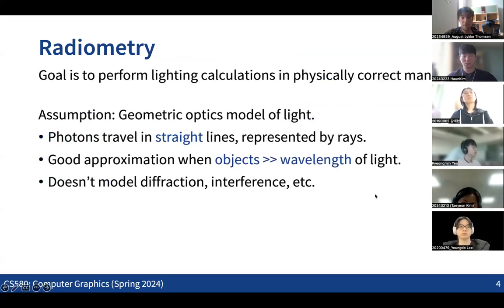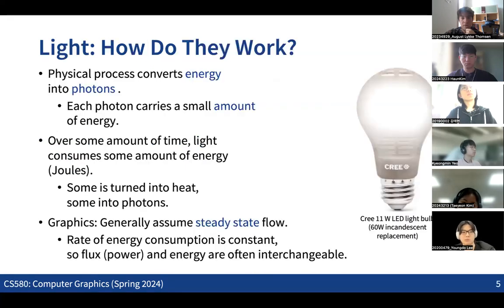And then we have this assumption that light travels in straight lines. Obviously, the object has a bigger size than the wavelengths, and there is no modeling for deflection and interference. Basically, we are going to assume that when the light source, like a light bulb, is consuming energy, we have a constant ratio of photons that deliver some portion of the energy into light.